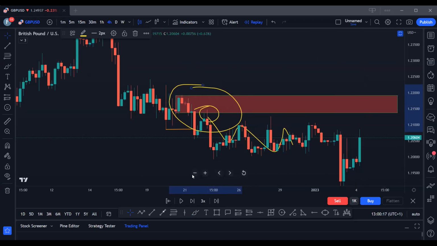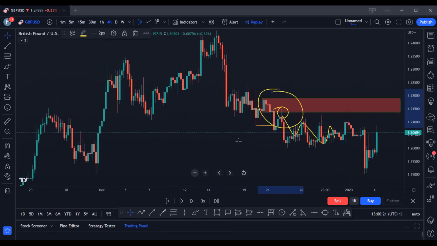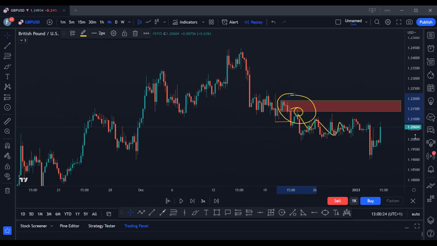Now, your next assignment, guys, is to see how price is reacting. Okay, in an uptrend, go on the charts and see how price is reacting at support zones. In a downtrend, see how price is reacting at resistance zones.